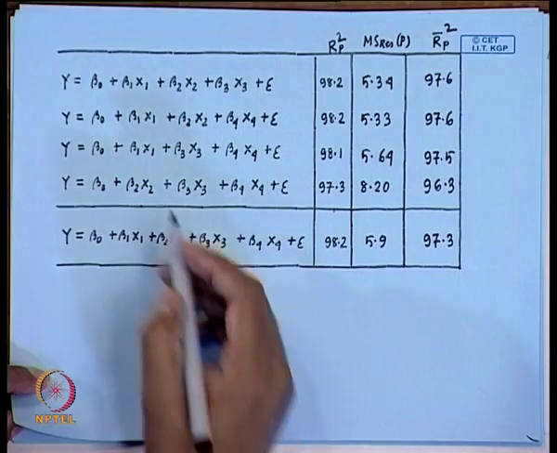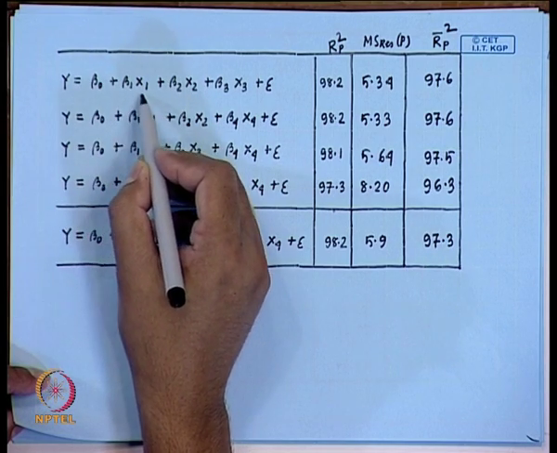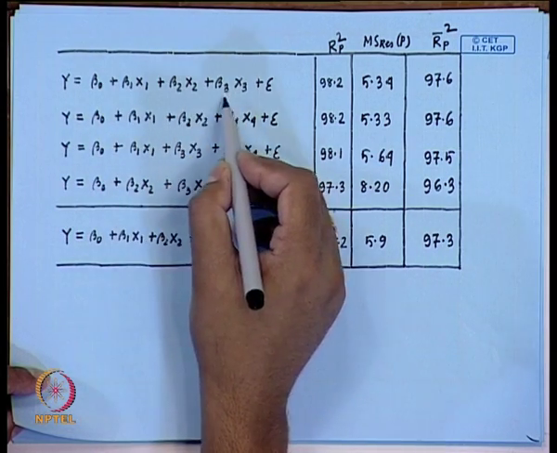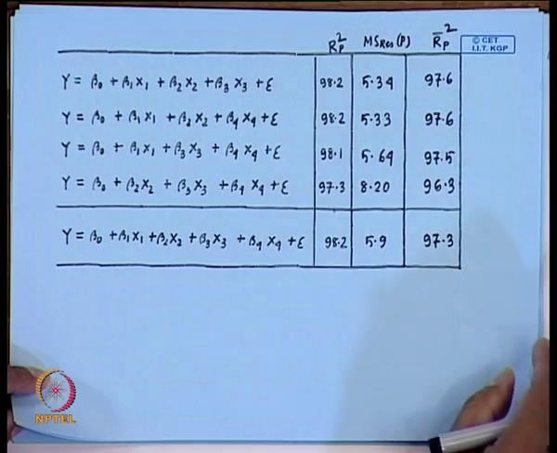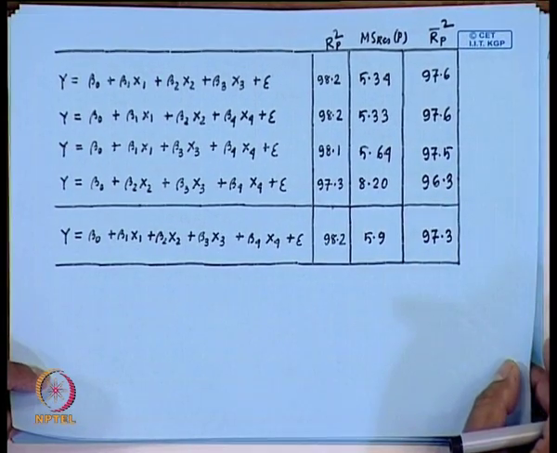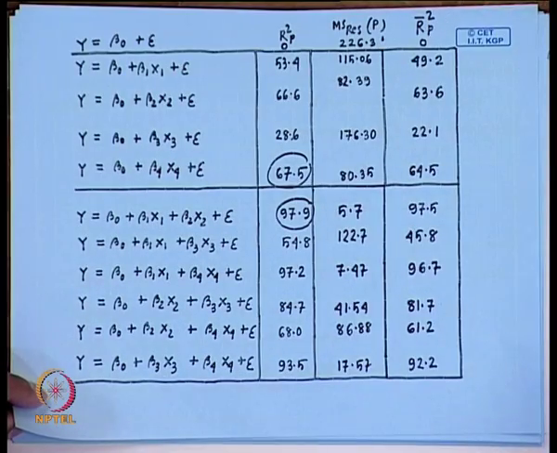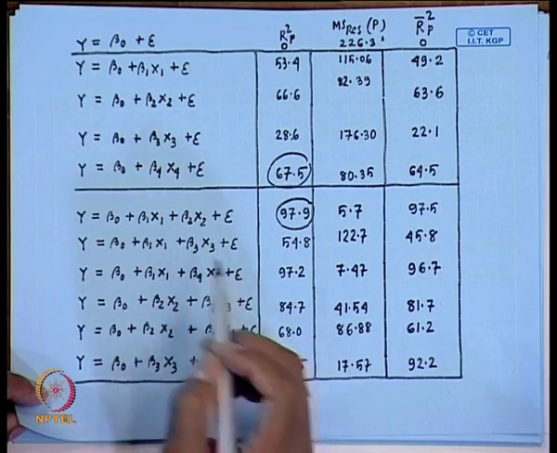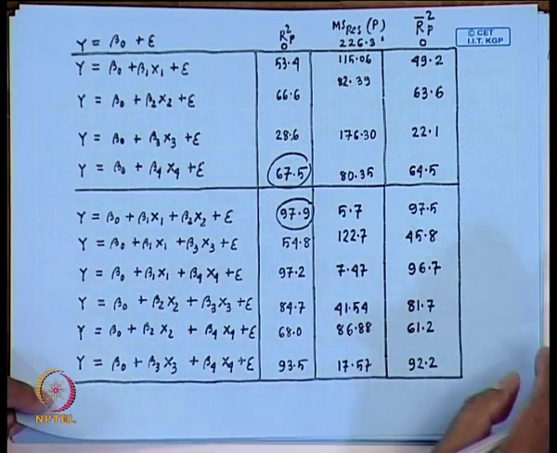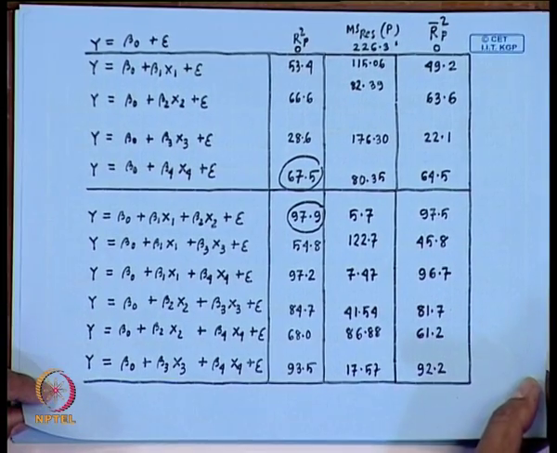Either you choose the three variable model, which is y equal to beta naught plus beta 1 x 1 plus beta 2 x 2 plus beta 3 x 3, or you go for this model, and according to the coefficient of multiple determination criteria, this one is also not bad. This is a model with two regressors. Well, so this is how we evaluate the different possible, basically all possible models using some criteria.